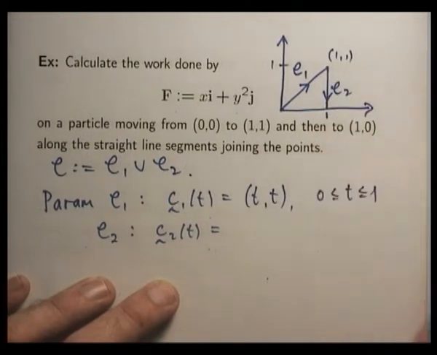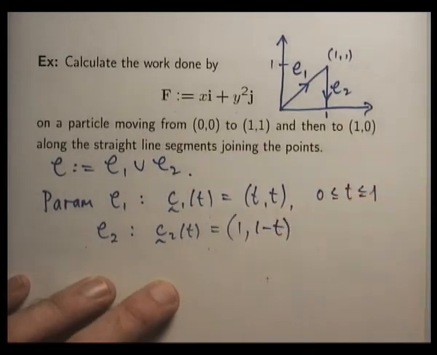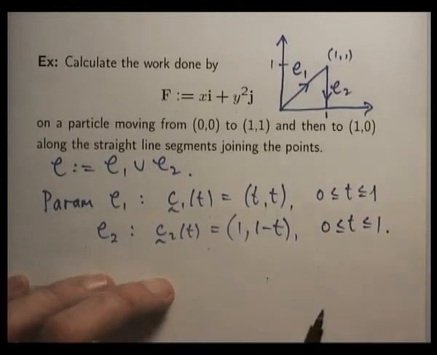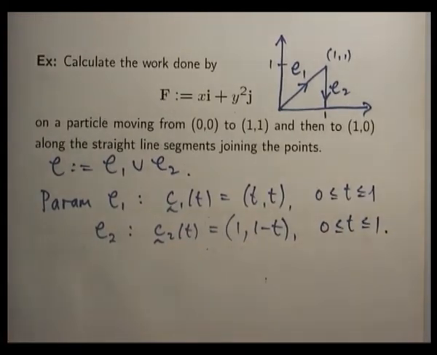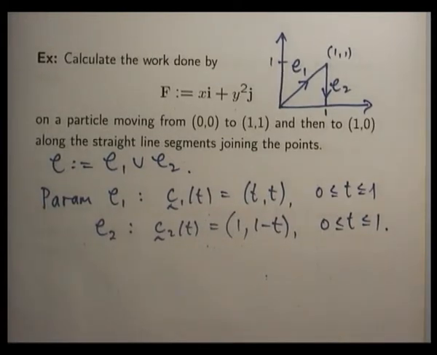The only change is in y. So if you apply that algorithm, you'll get (1, 1 minus t). Again, you can choose different parameterizations if you want. It's up to you. Just make sure they're tracing out the curve in the correct direction. Okay, the reason I use these simple parameterizations here is that 0 and 1 are easy numbers to work with, right?